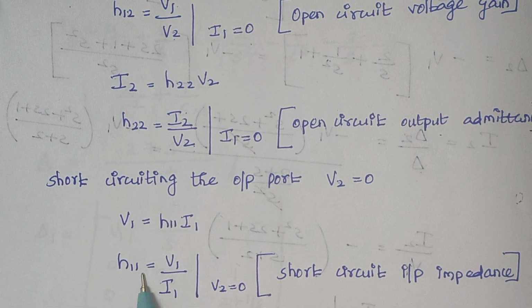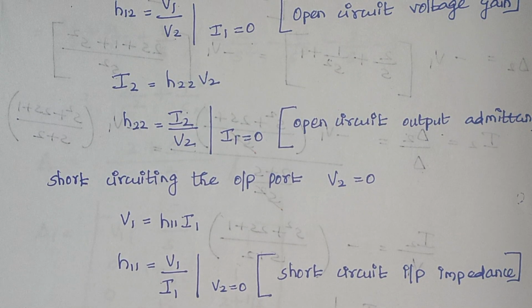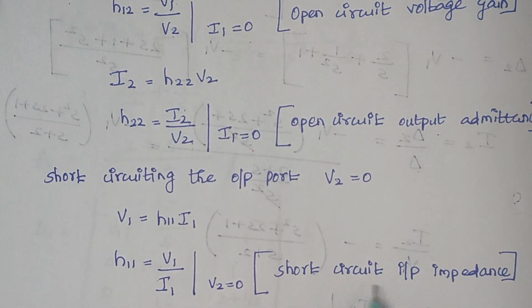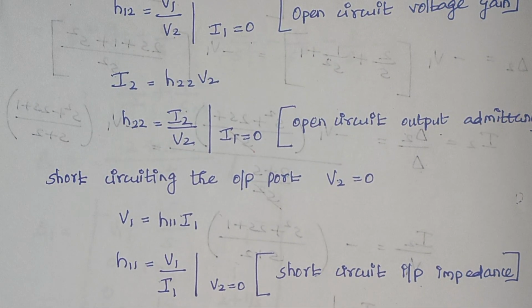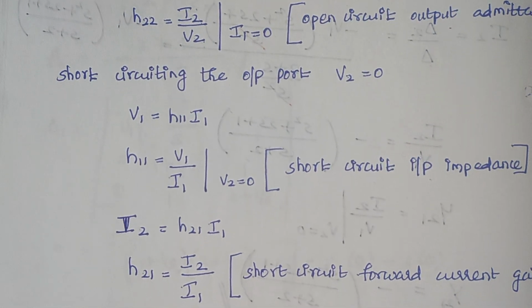Therefore H11 is nothing but V1 by I1. The ratio between the voltage and the current is known as impedance, and this is done by short circuiting, and here the term 1 refers to the input port. Therefore, this is known as short circuit input impedance. Now the next term is I2 is equal to H21 I1.